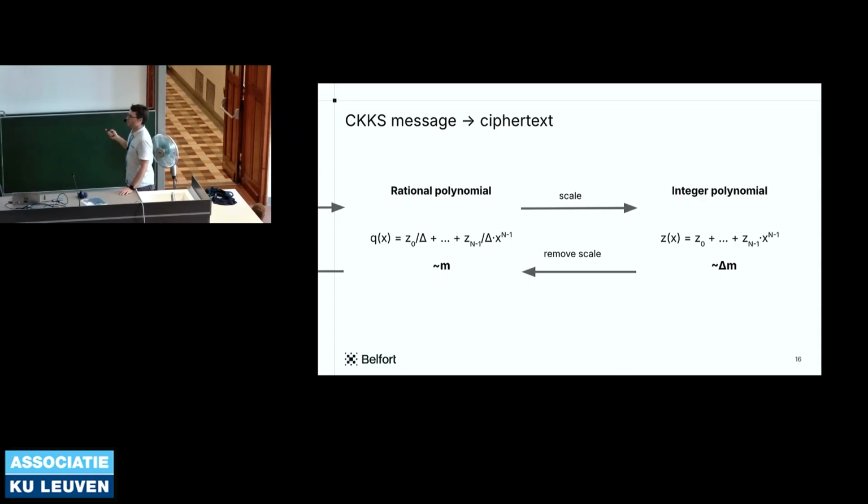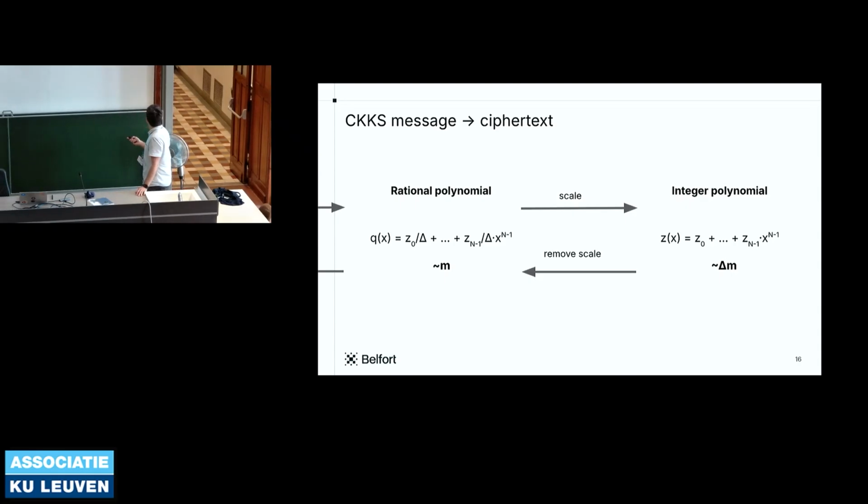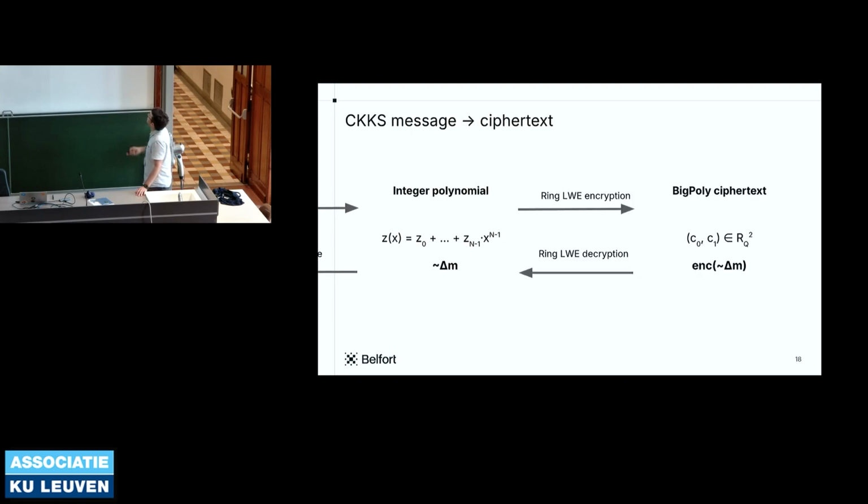If I have an integer polynomial, I can consider it modulo a large number, capital Q, and now I can use ring learning with error. Great, so I can do ring LWE encryption and decryption.